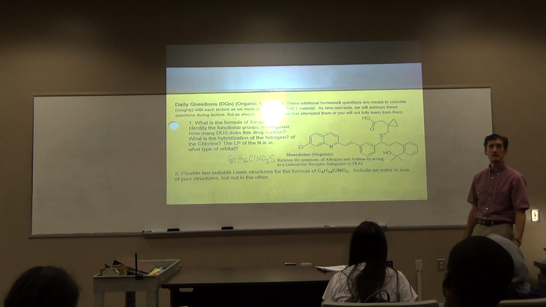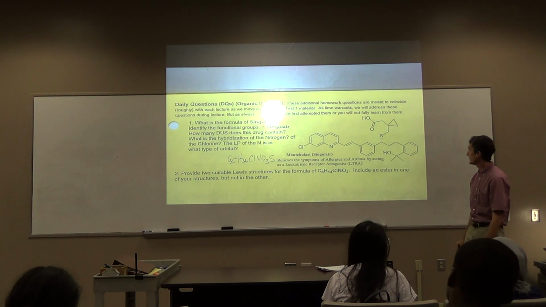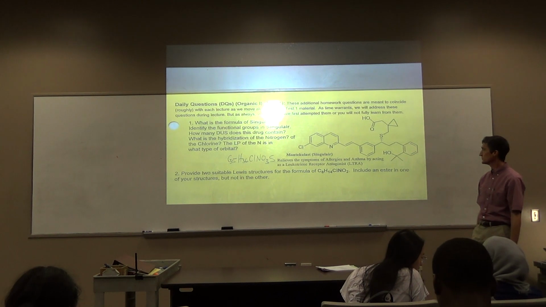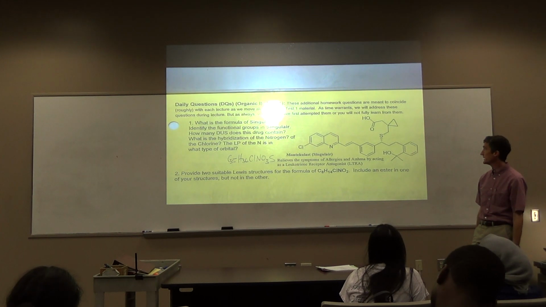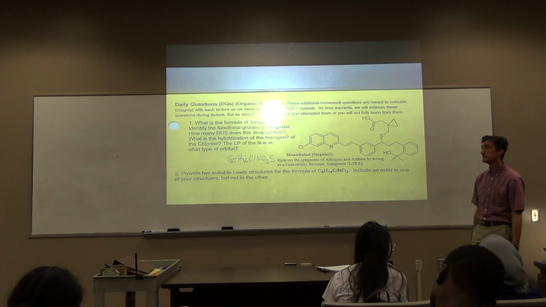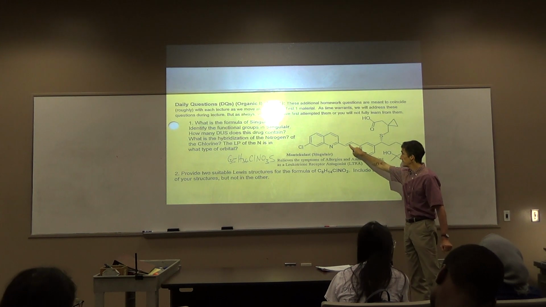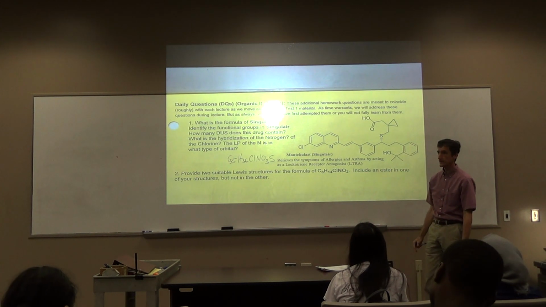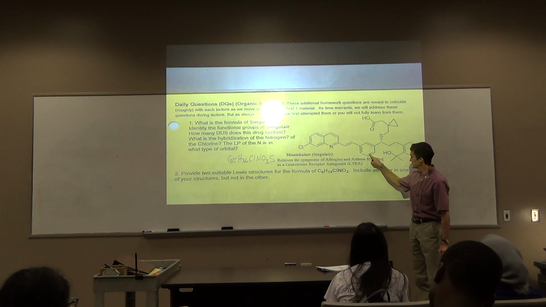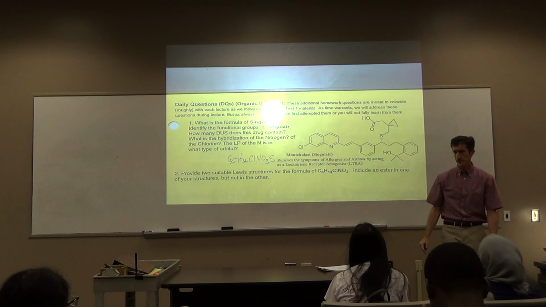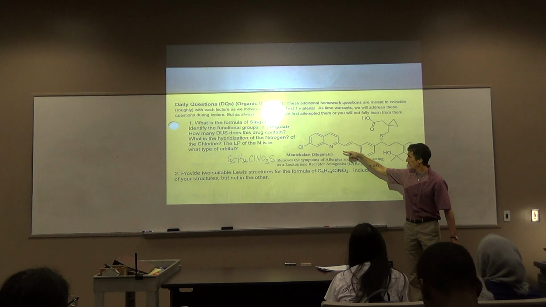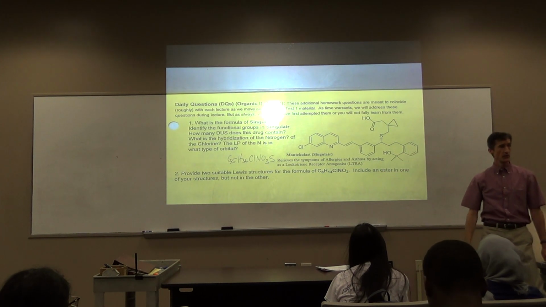I see one other functional group that I would name: alkene, right here. Note that a carbon-carbon double bond in an aromatic is not called an alkene, but that carbon-carbon double bond is a classical, plain old alkene.